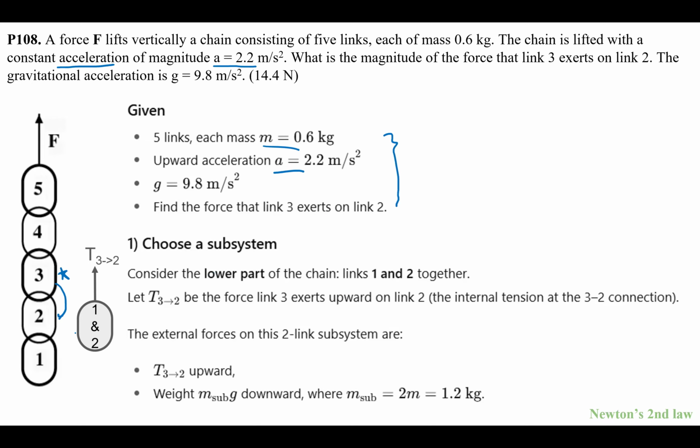So the reason why we have to think about 1 and 2 is that the force will be exerted on 2, but it is linked to 1, so that the total mass would be not just the mass of link 2, but 1 and 2, okay? So that we have T32 upward, and then the weight is 2mg. So mass 1 plus mass 2, okay? That's the thing.